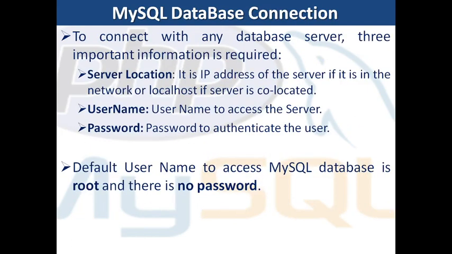MySQL database connection. Before we can work with the MySQL database server, we need to connect with it. To connect with any database server, three important pieces of information are required. First is the server location.